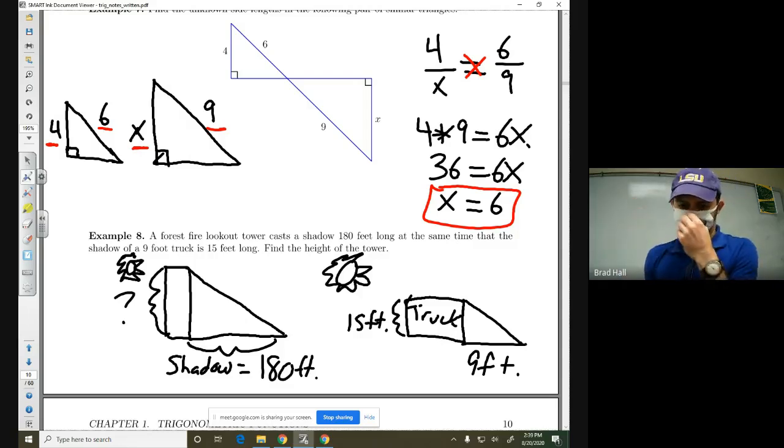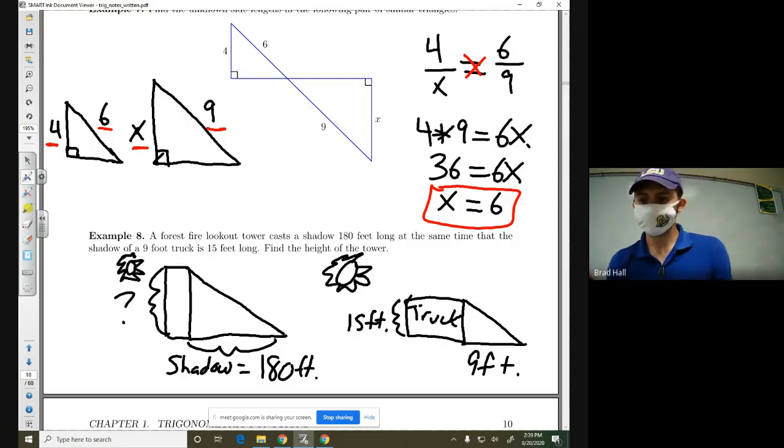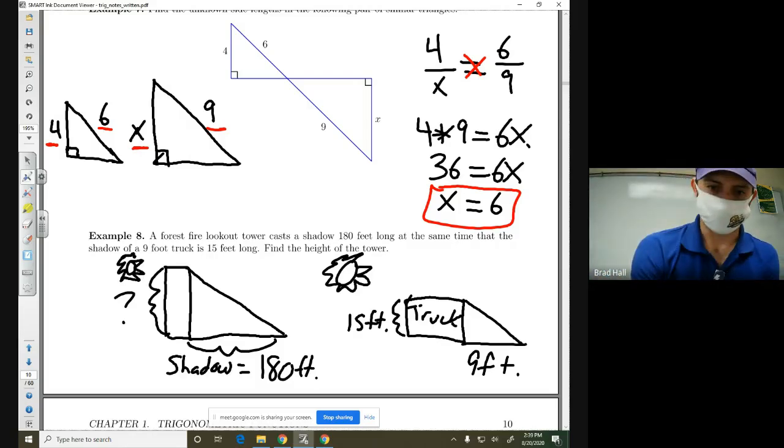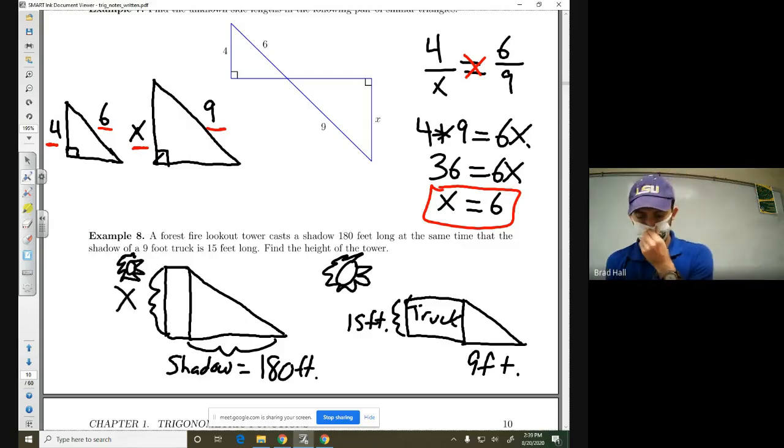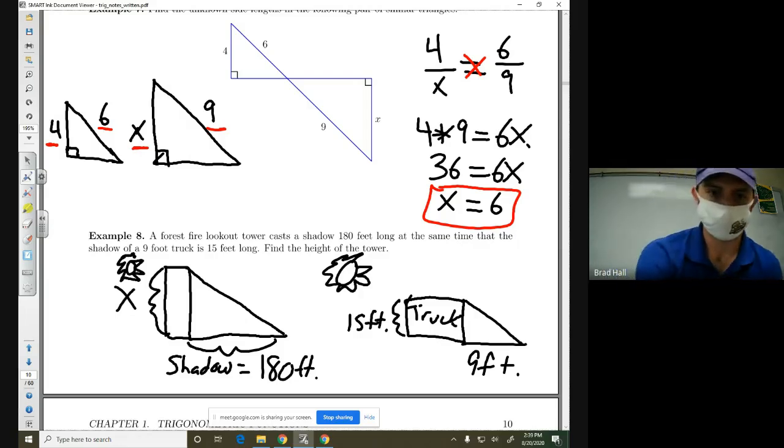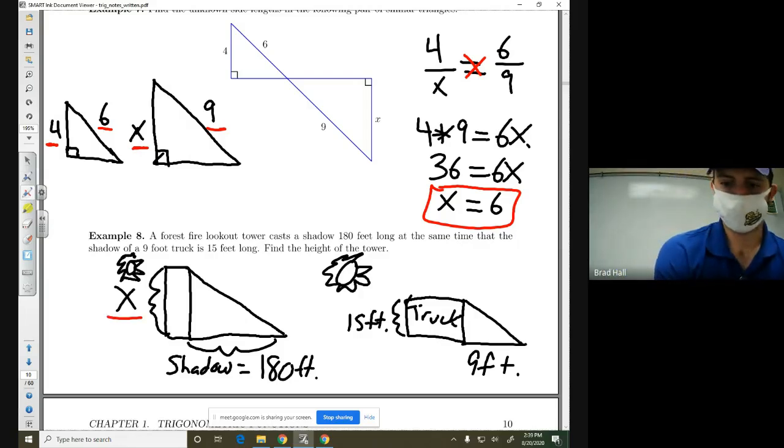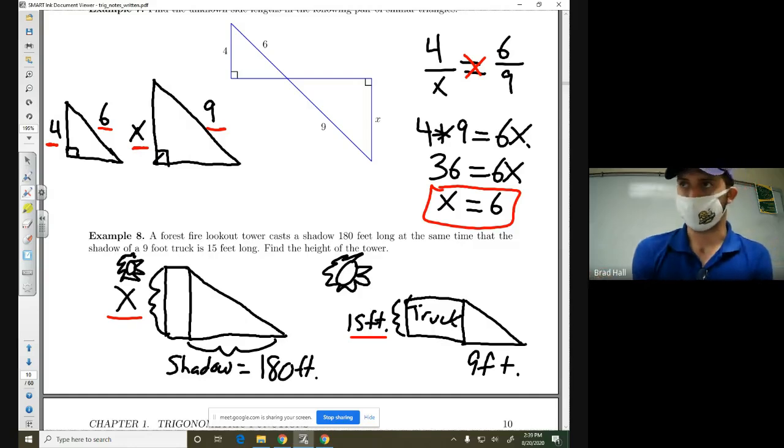And so now we can set up a ratio. I don't know why I call it a question mark. Let's call it X, because it's math place. So what are the corresponding sides? X and 15 correspond. They're the two heights.